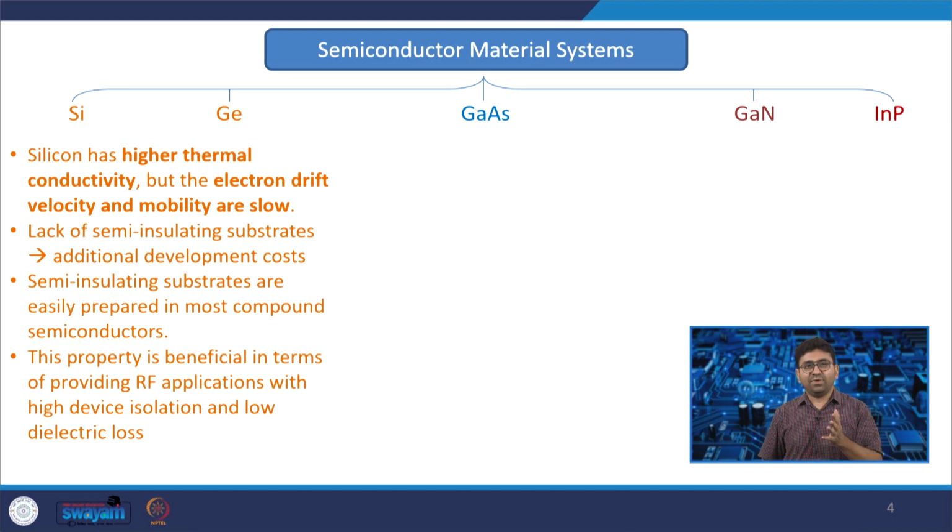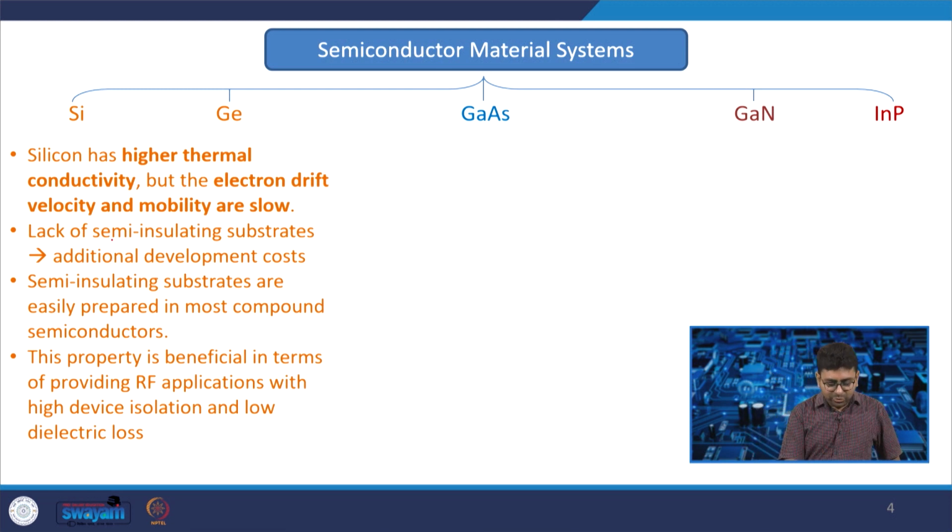That is why the processor in our computers has a fan or some cooling mechanism, so that this thermal energy, which is temperature, can easily be dissipated in the air and you can cool down your processor. Its electron drift velocity and mobilities are slow.